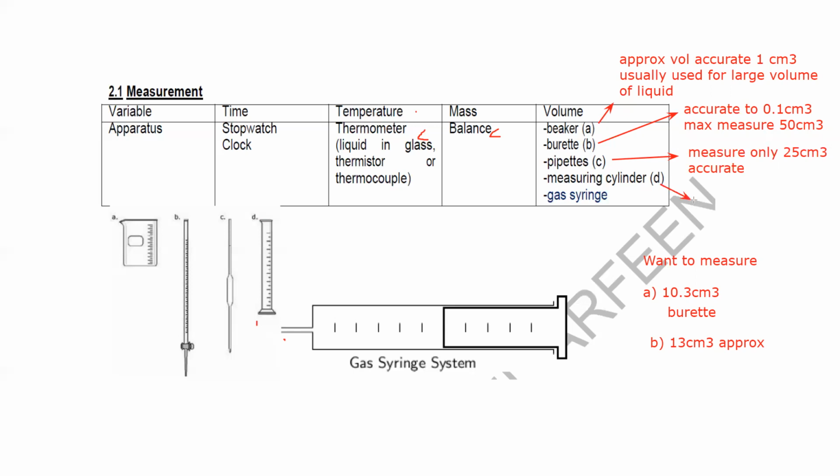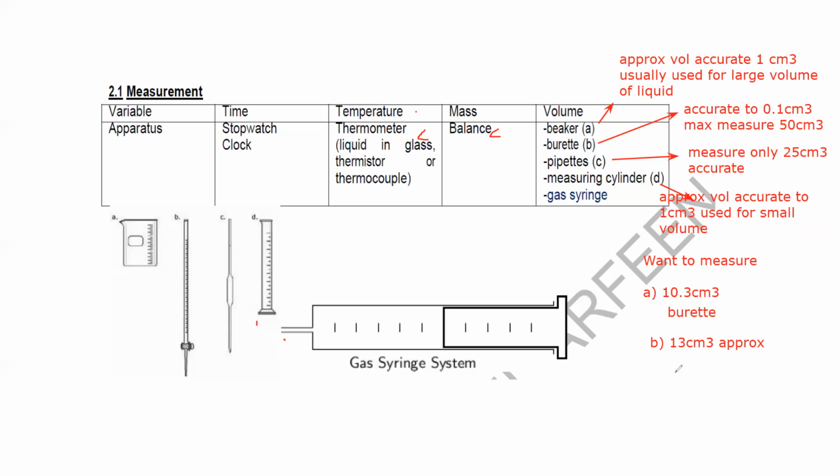And a measuring cylinder is used for approximate volume, accurate to 1 cm cube, and is usually used for small volumes. If you want to measure a small volume of liquid, we normally use a measuring cylinder.